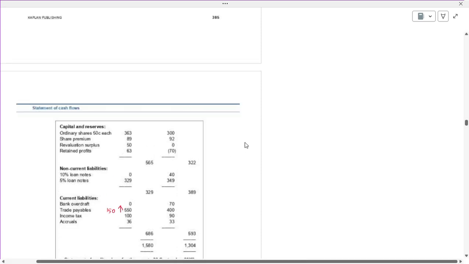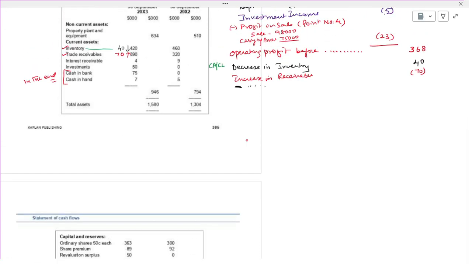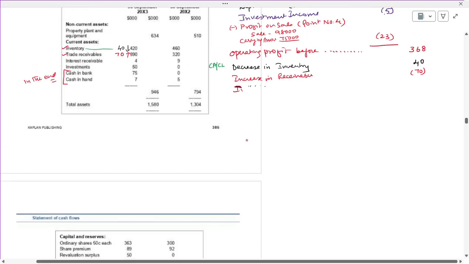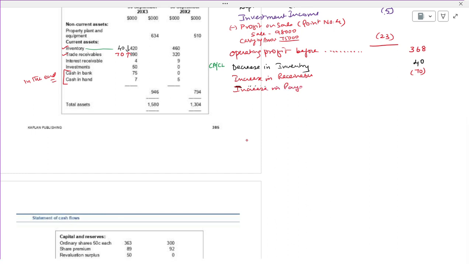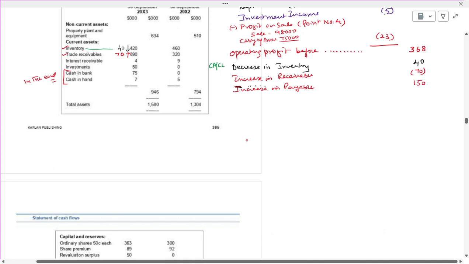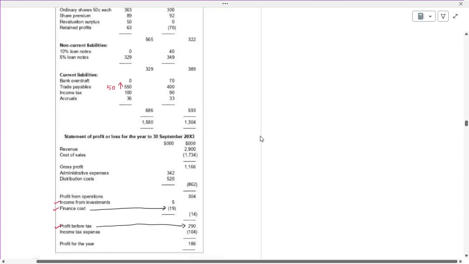Liability increases, cash will increase. Increase in payables, 150. Is it clear? Yeah. Next.